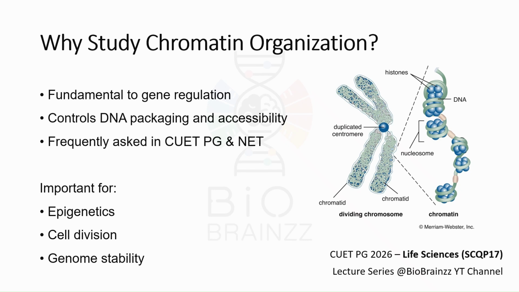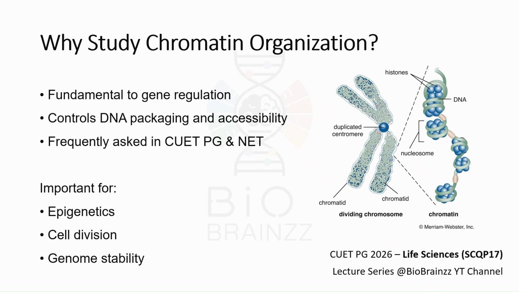Another important point, questions from chromatin organization are very frequently asked in CUET PG as well as NET examinations. So this unit is extremely scoring if your concepts are clear. Now, chromatin organization is especially important for some major biological processes.